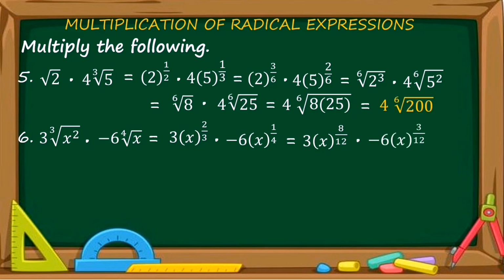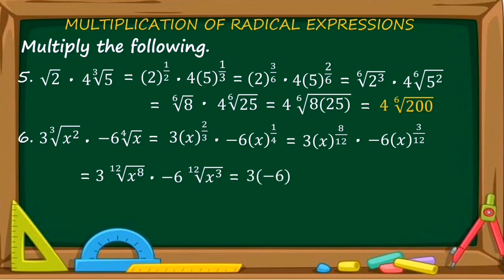Then, let us write this again into radical form. It is equal to 3 the 12th root of x raised to 8 times negative 6 the 12th root of x raised to 3. Then let us find out the product of the coefficients.